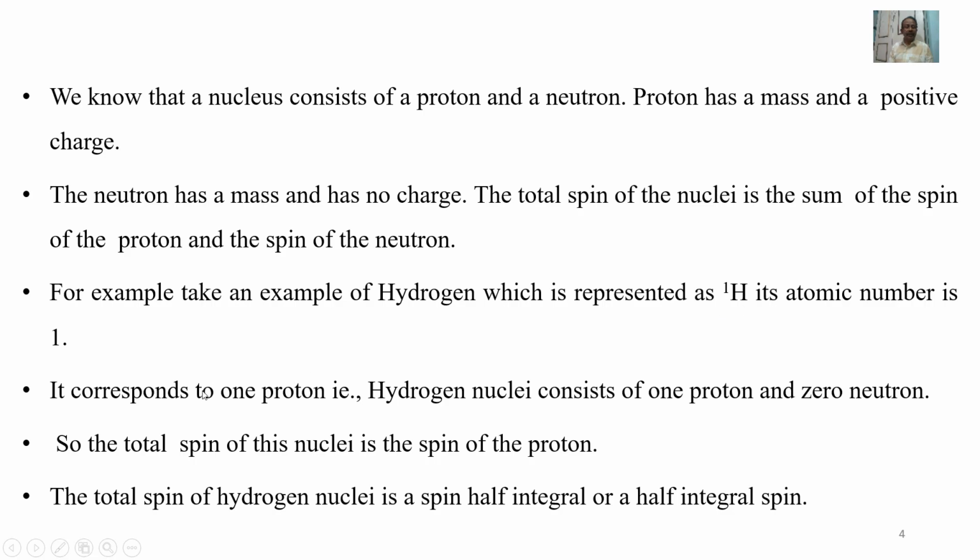It corresponds to 1 proton, that is, hydrogen nuclei consists of 1 proton and 0 neutron. So the total spin of this nucleus is the spin of the proton. The total spin of hydrogen nucleus is a half integral spin.